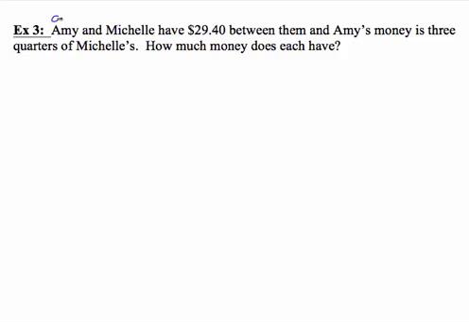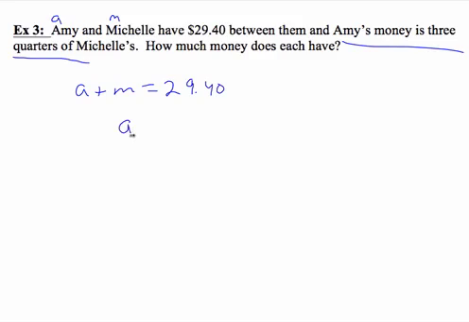So we can use variables like a and m, or x and y, doesn't really matter. So they have 29.40 altogether. You can say a plus m equals 29.40. That's one equation. And this statement gives you your other one. Amy's money is 3/4 of Michelle's. So you can literally write Amy's money is 3/4 of, which means times, Michelle's.